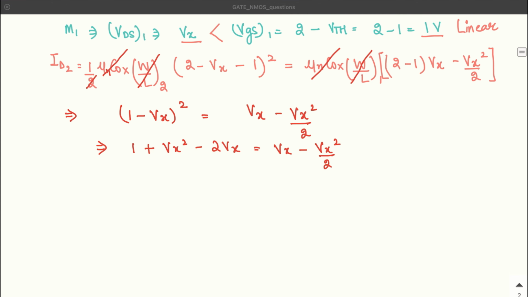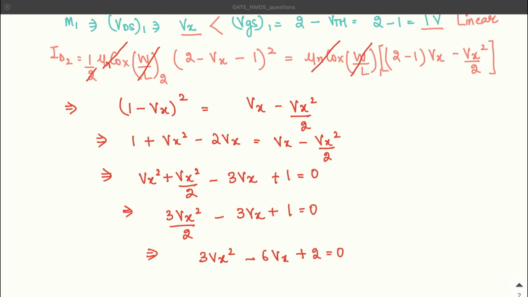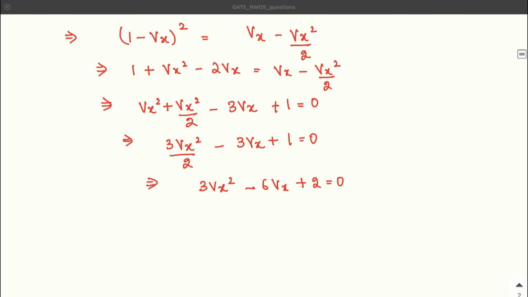Let's try to solve it for the value of Vx. Friends, when you solve this equation, you will get either Vx is 1.5773 volt or Vx is equal to 0.4226 volt.